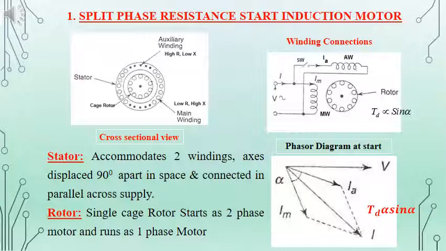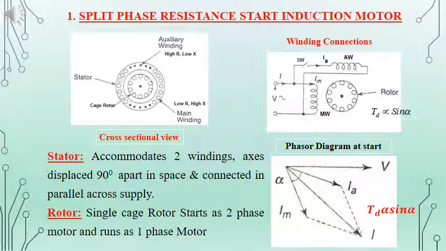V is the applied voltage, Im is the main winding current, and Ia is the auxiliary winding current. Since the reactance is more for the main winding, the lagging angle of Im with respect to V will be more, and since the resistance is more in the auxiliary winding, the angle of lag of the auxiliary winding current Ia will be less.